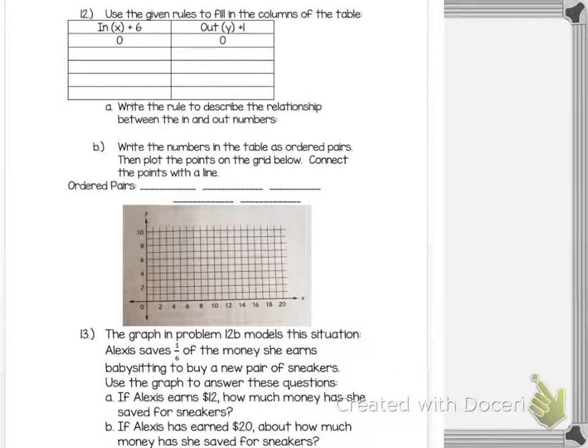So then you were given this. Given the rules, fill out the columns. Our in is plus 6. So 6, 12, 18, 24. And then I have plus 1. So 1, 2, 3, 4.